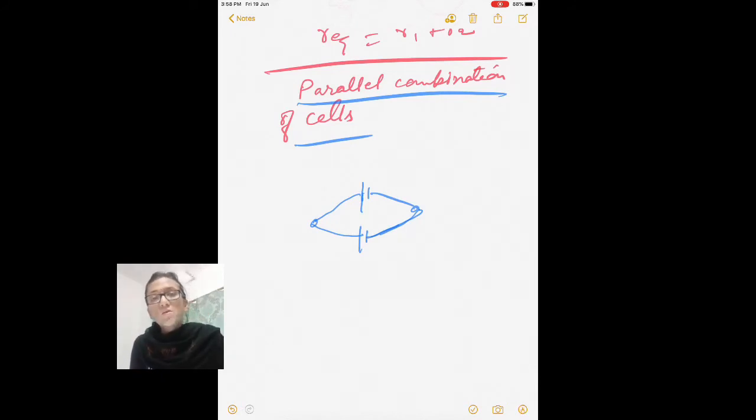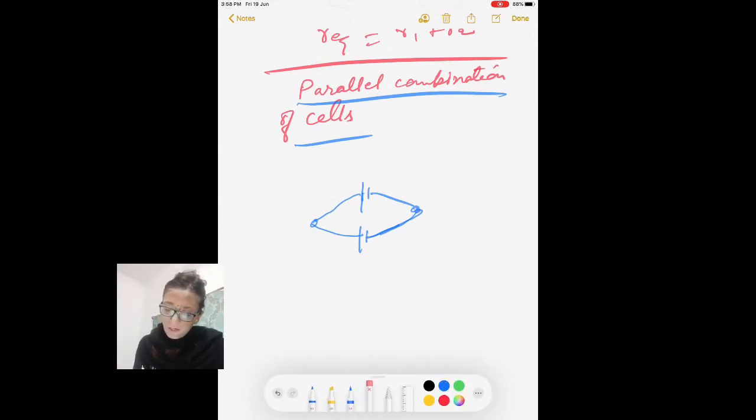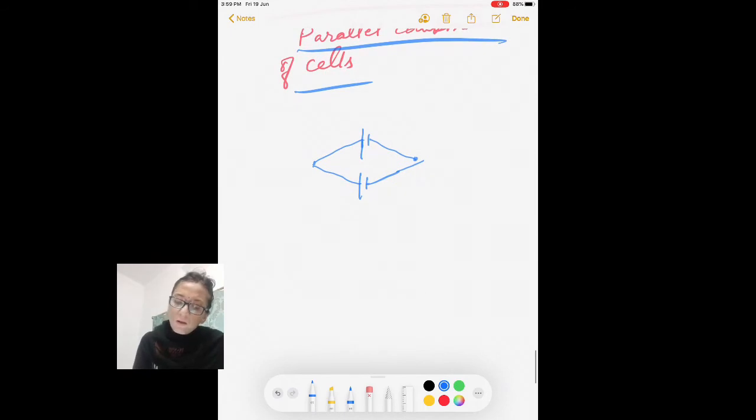Two resistors or any two electric devices, when they are connected on the same common terminal, then such combination is called parallel combination. So I will not exaggerate very much. In a simple way I am going to simplify the equation.